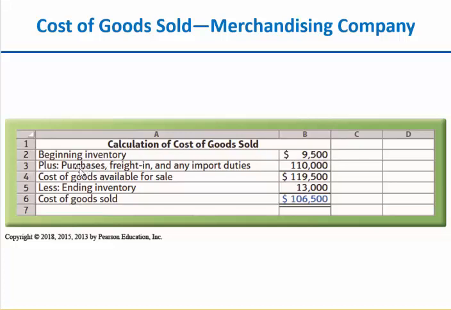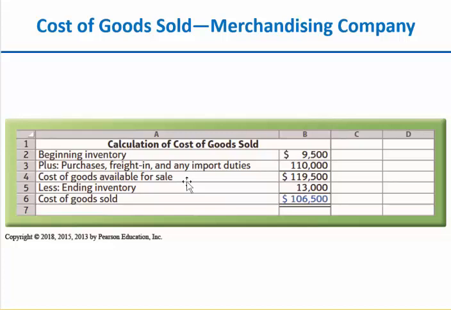Then definitely you are going to make a purchase, buying more products for sales. You have a purchase cost, freight, and import duties if it's international trade. Then you add them, and the result is cost of goods available for sale. So basically, you put them on the market and sell to the end clients and customers.